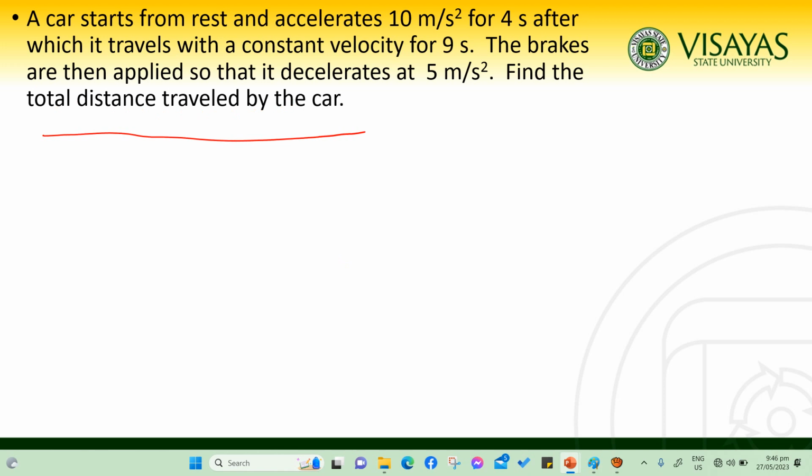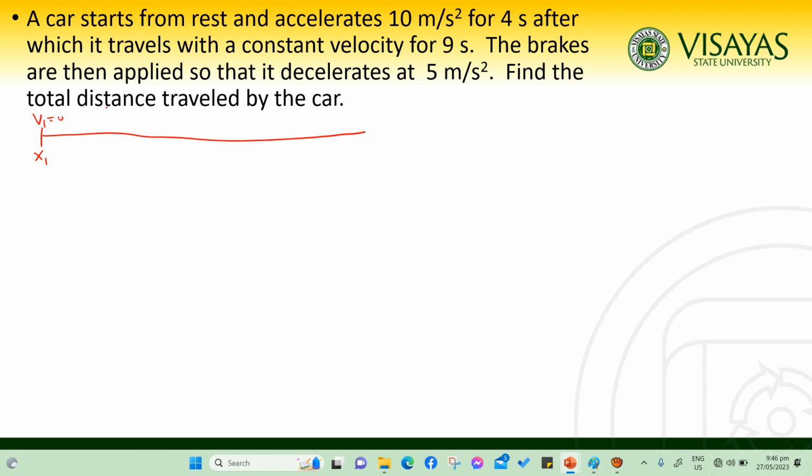So I'm going to use different notations. Say for example, I'm going to start here with x1. That is where the car starts from rest. So at this point you have v1 equal to 0 because it starts at rest.